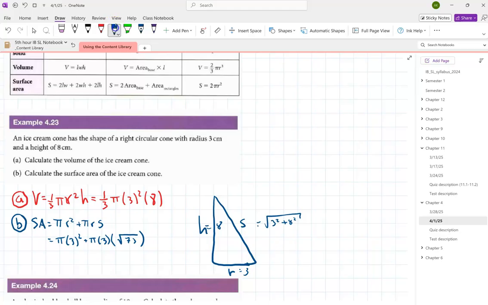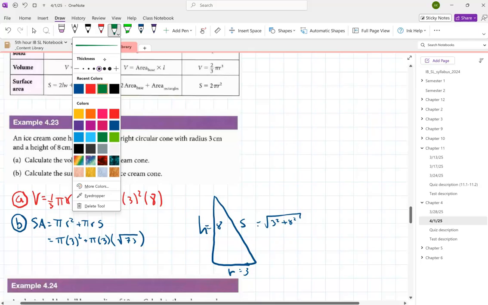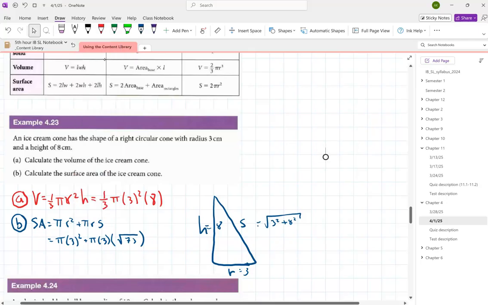Oh, I'm so dumb. I made a mistake here on part B. And the mistake is not with any kind of mathematics, it's a reading mistake. Can anybody see it?